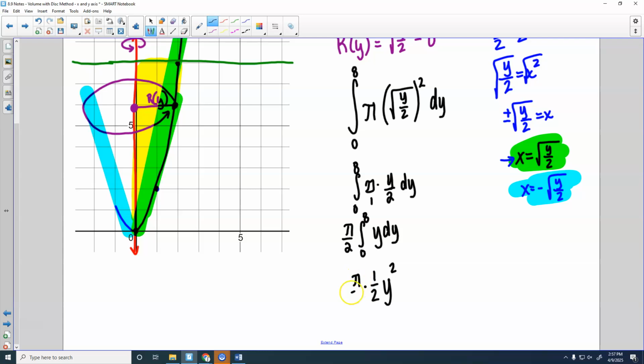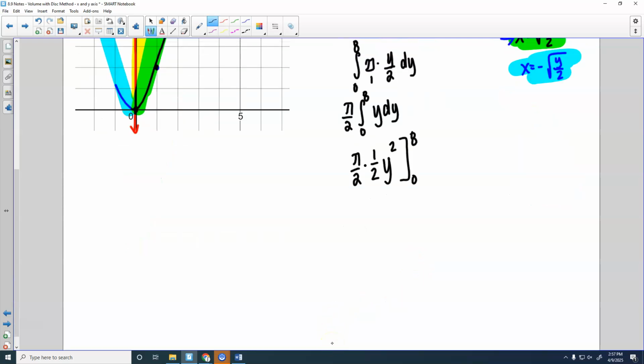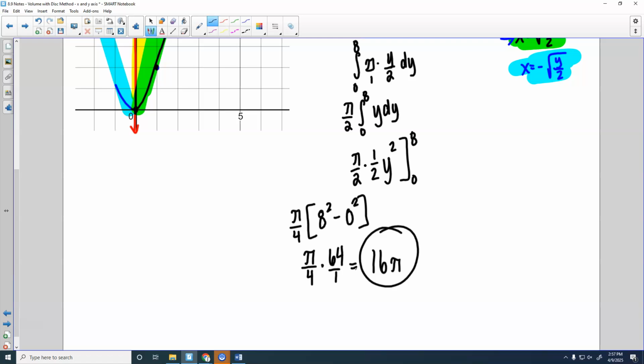You'll also have that pi over 2 that was already there, and you'll evaluate that from 0 to 8. I would put the pi over 2 and the 1/2 together and get pi over 4. And then you'll have 8 squared minus 0 squared. So we got pi over 4 times 64. And 64 divided by 4 is 16. So we get 16 pi for that.